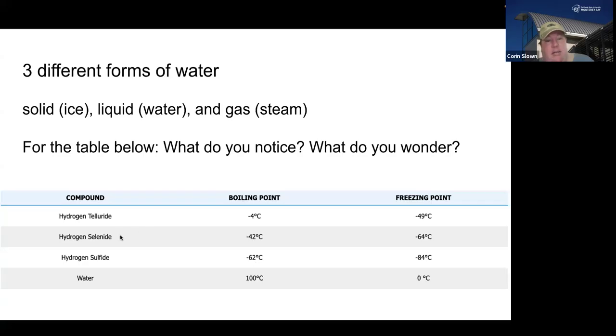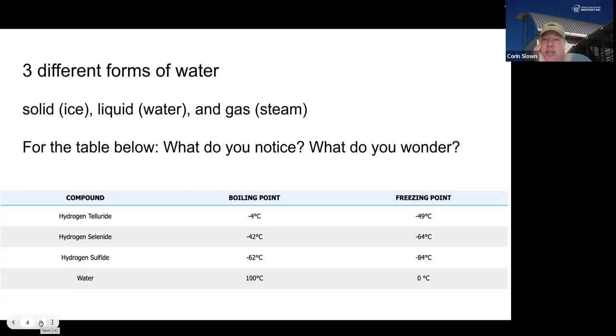You can think about hydrogen selenide and telluride, where they are on the periodic table, and what that means in terms of their behavior. So we're going to start to think about, well, how do you know when something is a solid versus a liquid versus a gas? What's some of the information that would help us discern what physical state a chemical would be in, and then what are some of the properties that are associated with that state?